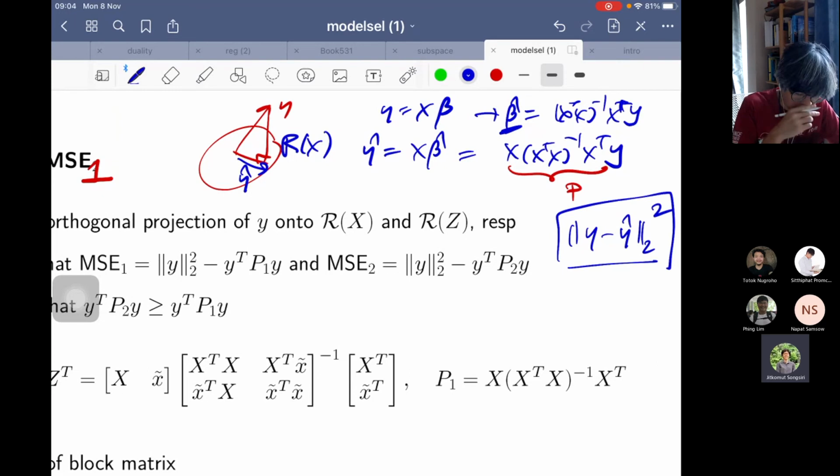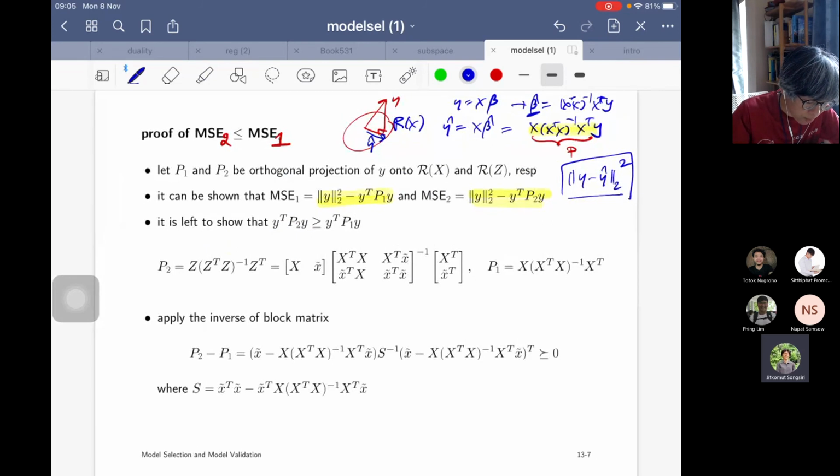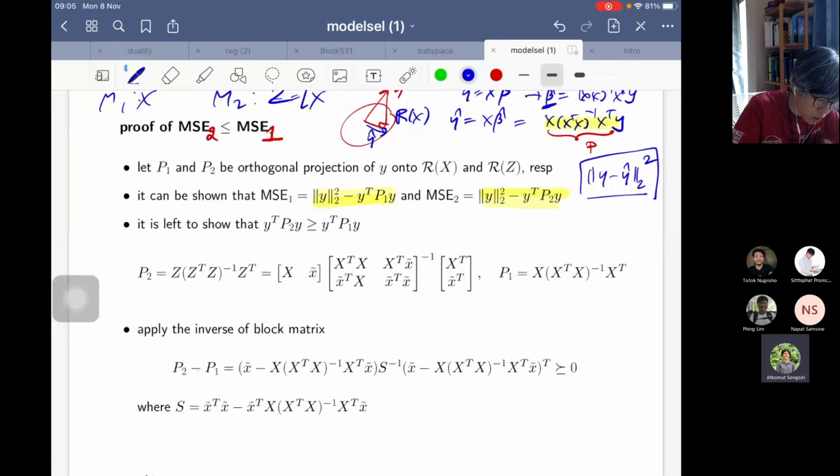Just expand and simplify, and you would see that the MSE is given by these yellow terms. It actually depends on the orthogonal projection matrix, and of course the orthogonal projection matrix depends on the regressor matrix. So I use the notation P1 and P2 for model 1 and model 2. Model 1 uses X as a regressor. Model 2 uses Z as a regressor. But the regressor Z also includes X in the first portion.